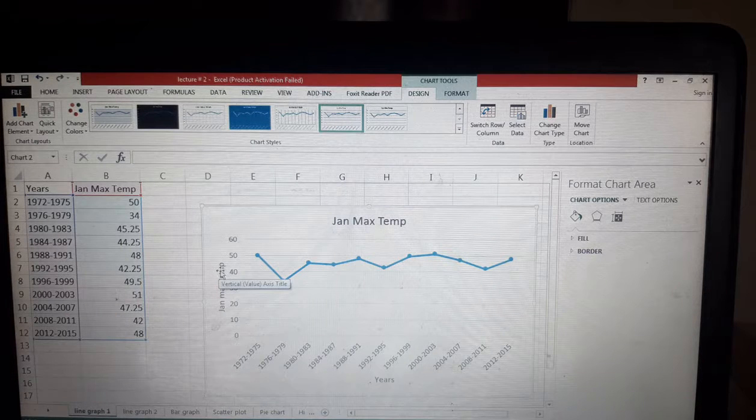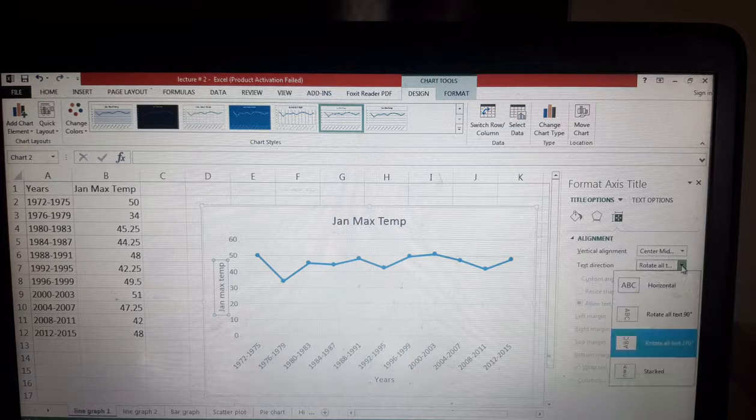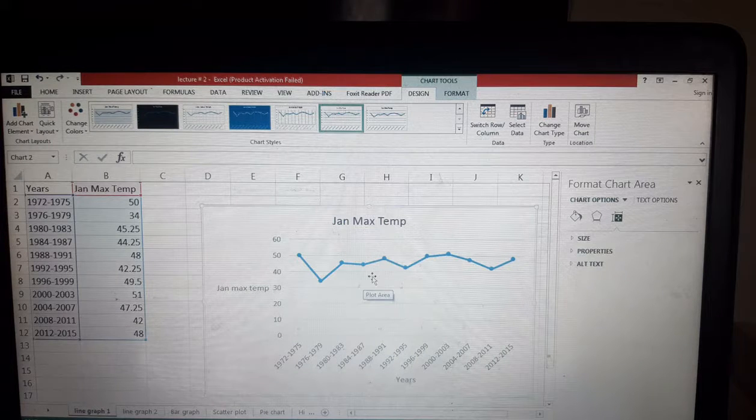You can also convert this y-axis title to horizontal form by double-clicking on the y-axis title, then clicking on Size and Properties. In front of Text Direction there is a drop-down menu. Click Horizontal.